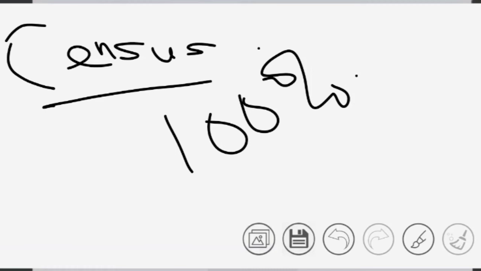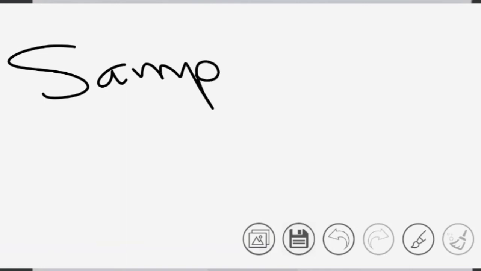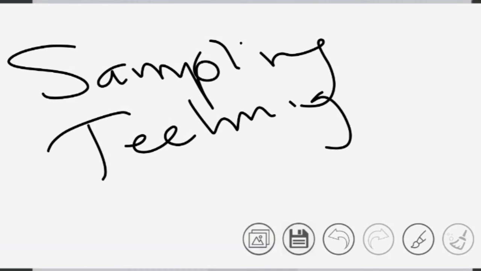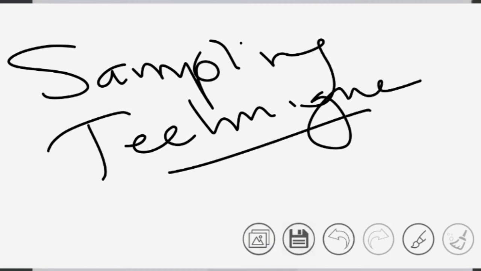The next one is referred to as the sampling technique method. The sampling technique method is a process by which you take part of the population, run a research or collect your data from it, and the outcome that you get from this sample is going to be used to generalize or conclude over the population.